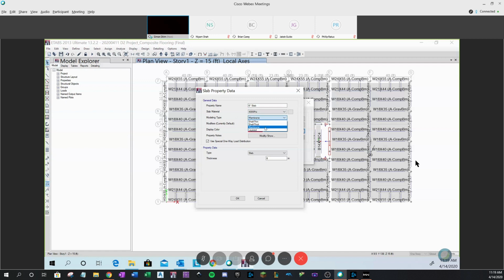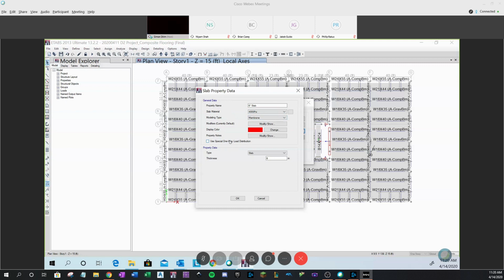A membrane here also has only in-plane stiffness, but for slabs, ETABS created another option where the engineer can define the load distribution, whether one way versus two way. It depends on the slab aspect ratio. So this is something relatively advanced.